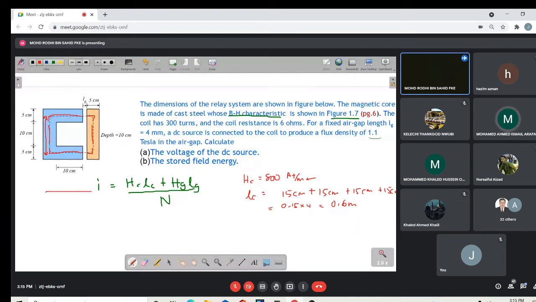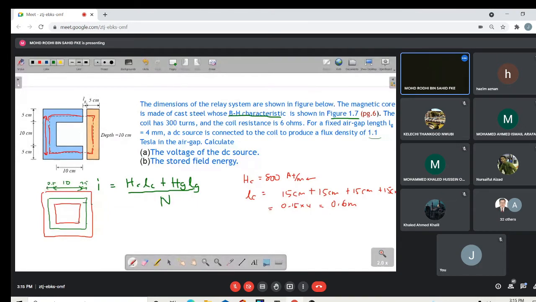So basically, if I draw something like this, without the air gap, because either you have air gap or you don't have air gap, it's the same. So this is the line, the green one. This one is 10, this one is 2.5, this one is 2.5, so you get 15.